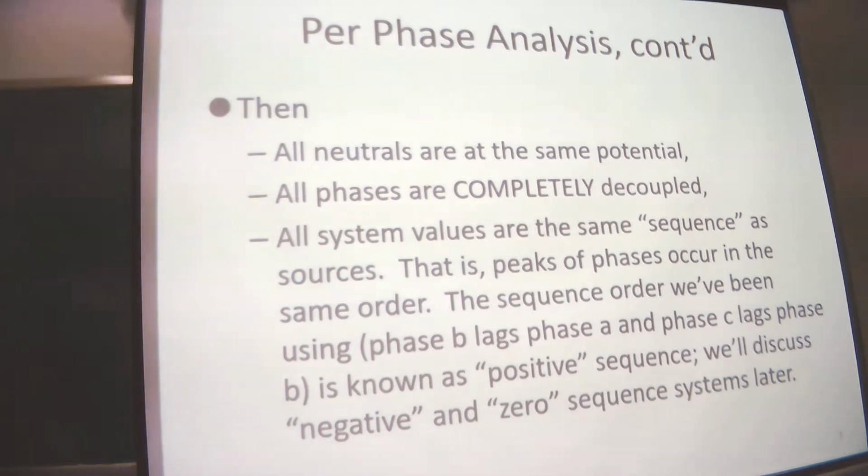B lags A, C lags B, right? But if we use B leading A, C leading B, right? Then you have the phase information for the positive, and this is for the negative. This is just the different definition of the 3-phase order, right?